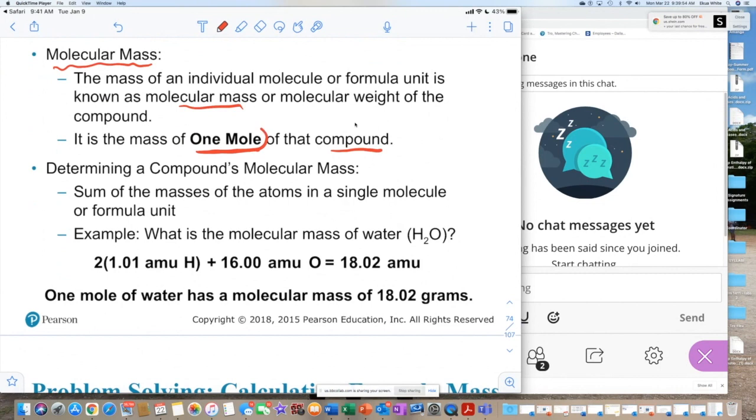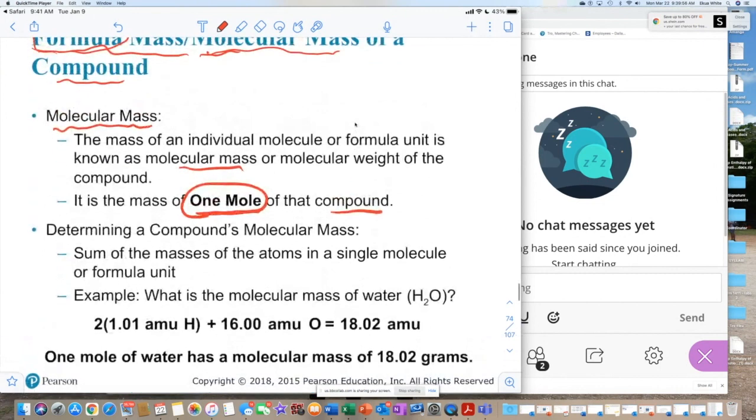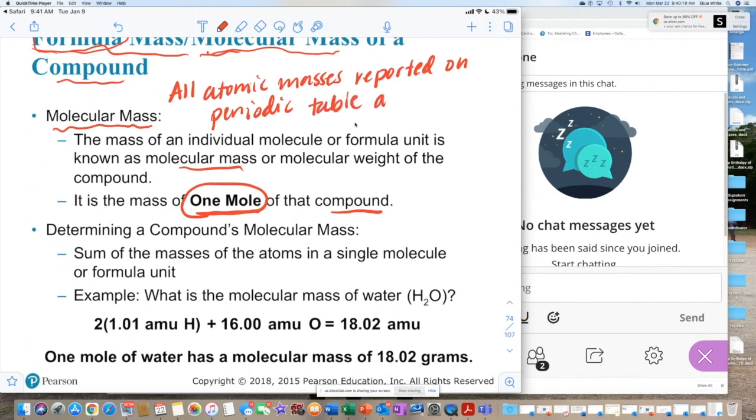So why is 1 mole selected? 1 mole is selected because all the masses, so all atomic masses reported on the periodic table are for 1 mole of the element.